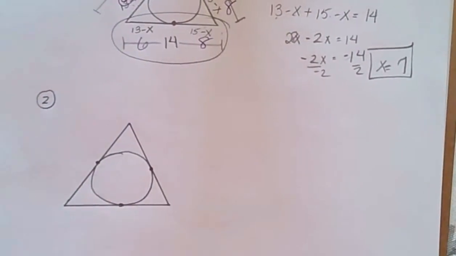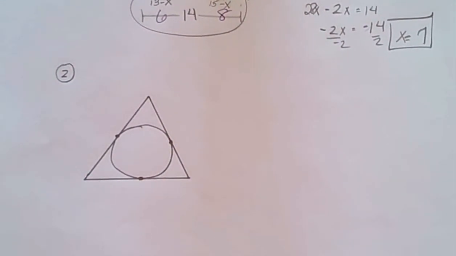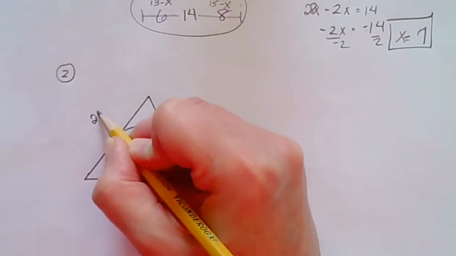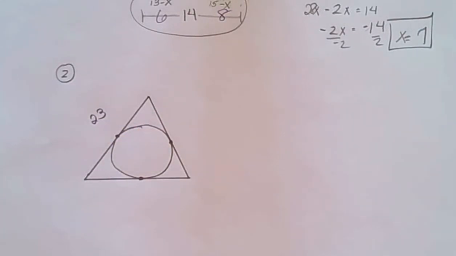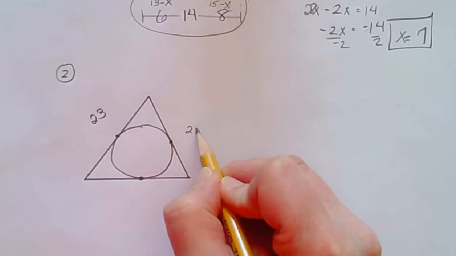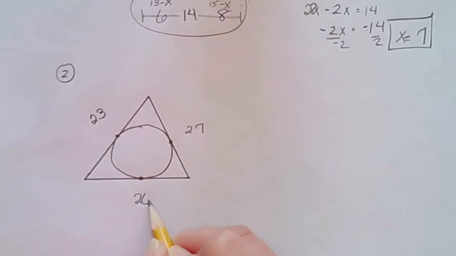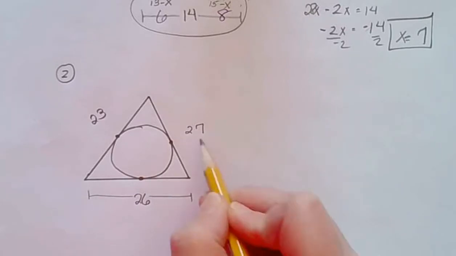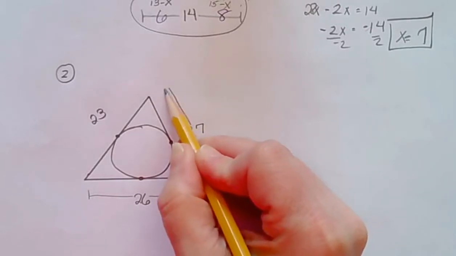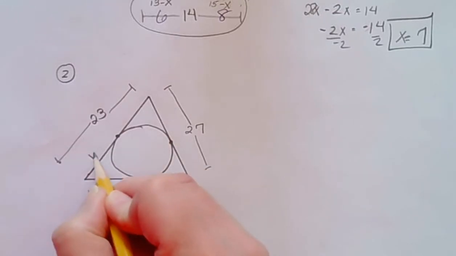Okay, so let's do number 2. So number 2, we'll do one where we don't already know the answers, and let's use the numbers 23 and 27 and 26. And this is going to be the entire length here, here, and here. And we are going to look for that x over there.